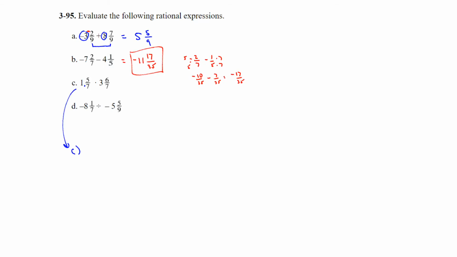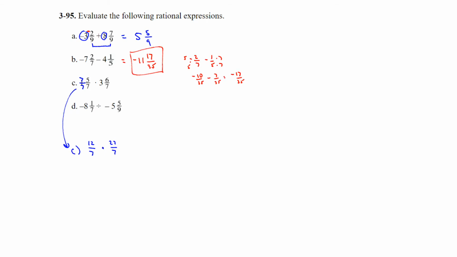On letter C, we probably want to rewrite these as improper fractions. So 1 times 7 is 7 plus the 5 gives us 12/7. You could also rewrite the 1 as 7/7 and then add up those two fractions. Times, and then 3 and 6/7 would be 27/7.